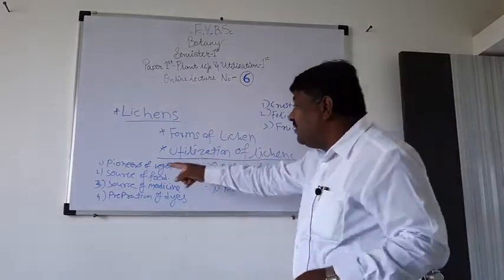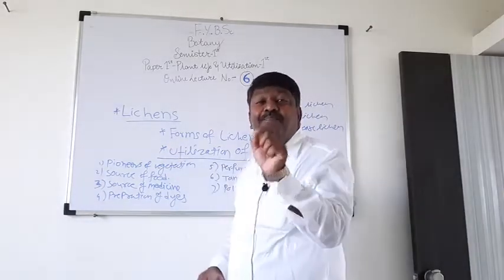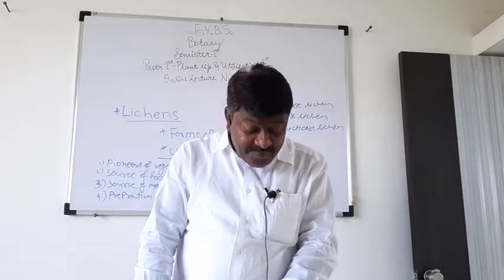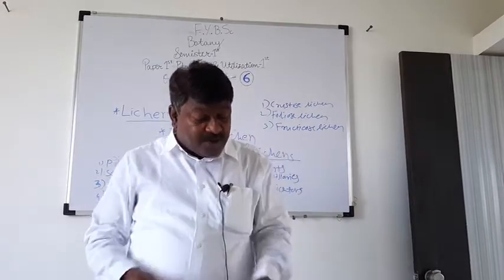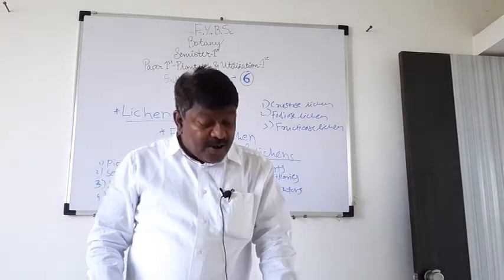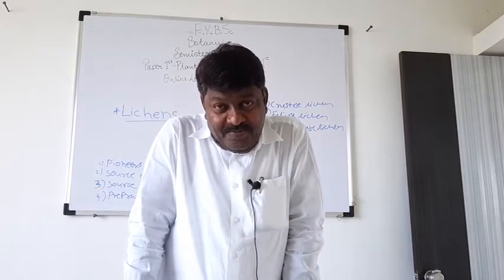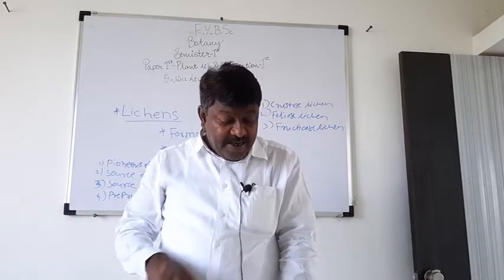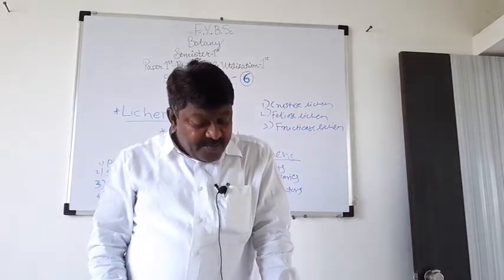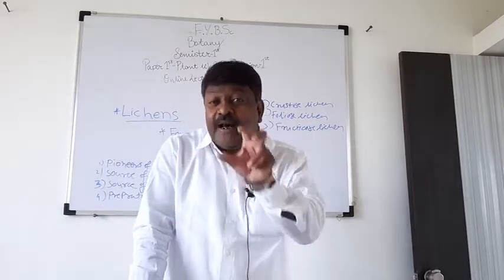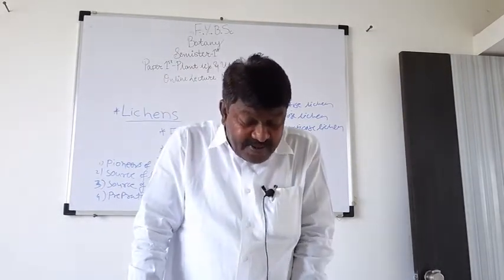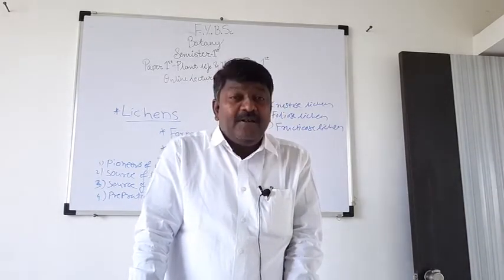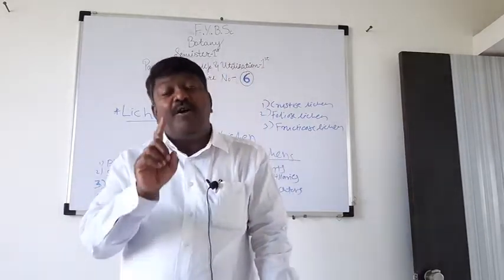First we discuss about the first use. Such lichen is pioneer of vegetation. We already studied that lichens grow on rocks where other plants cannot grow. And when lichen grows on rock, they secrete many organic acids, and due to action of such organic acids, there is disintegration of rock, and weathering of rock is the first step in formation of soil.